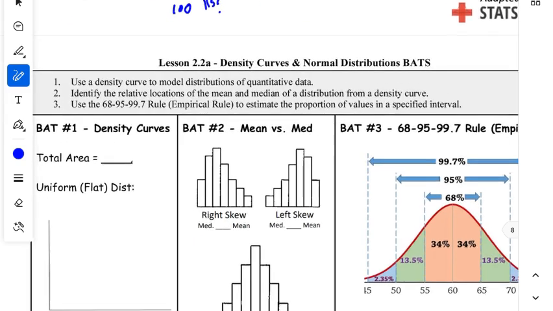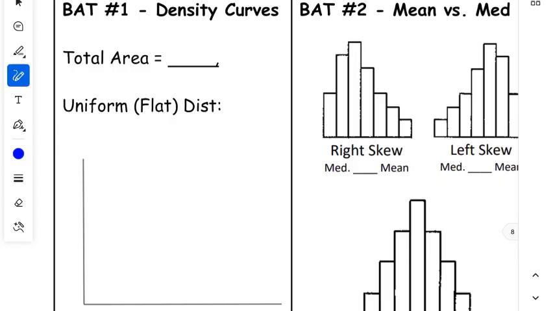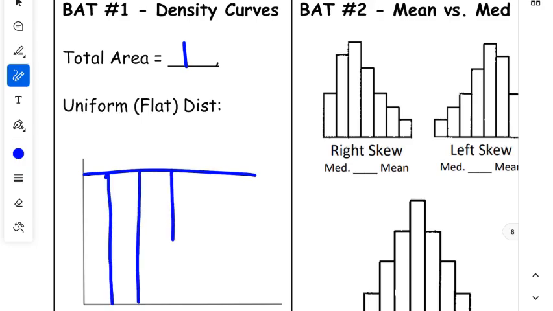Density curves and normal distribution. So let's go over the concepts. So for a density curve, the total area under the curve is our probability, which is 1. A uniform or flat distribution is going to look like this. Let's count out 5. 1, 2, 3, 4, 5.